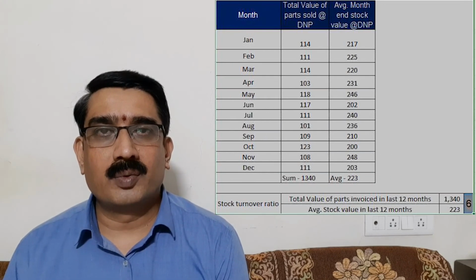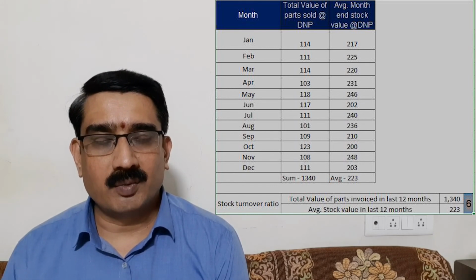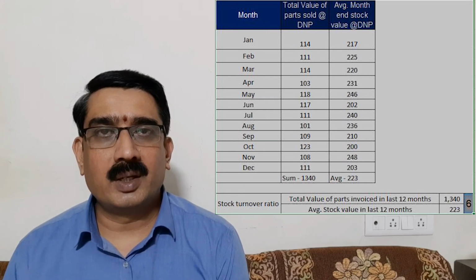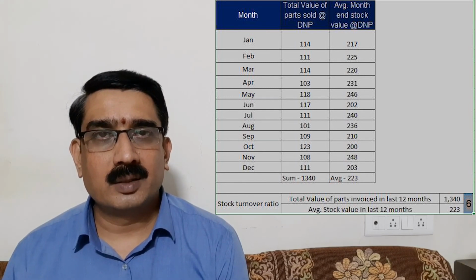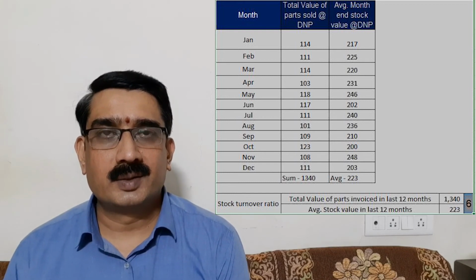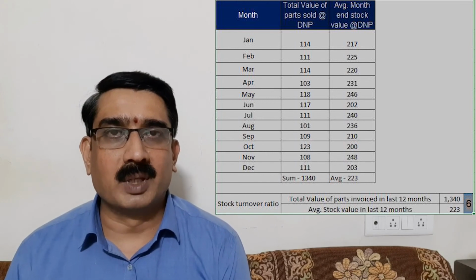Second is stock turnover ratio. What is this ratio? It is the ratio of the total value of parts sold in the last 12 months divided by the average inventory value in the same 12 months. What is considered for the sales? In the example shared on the screen, you will find the value of parts sold every month.